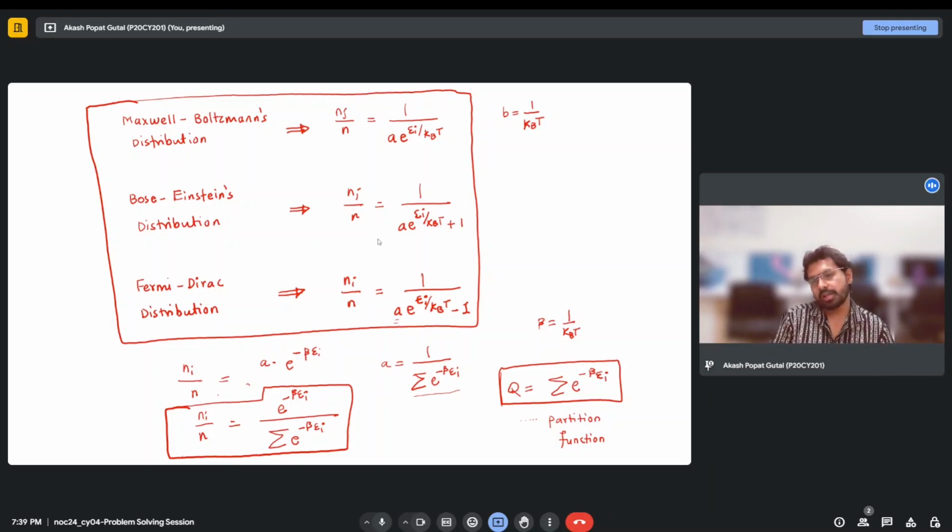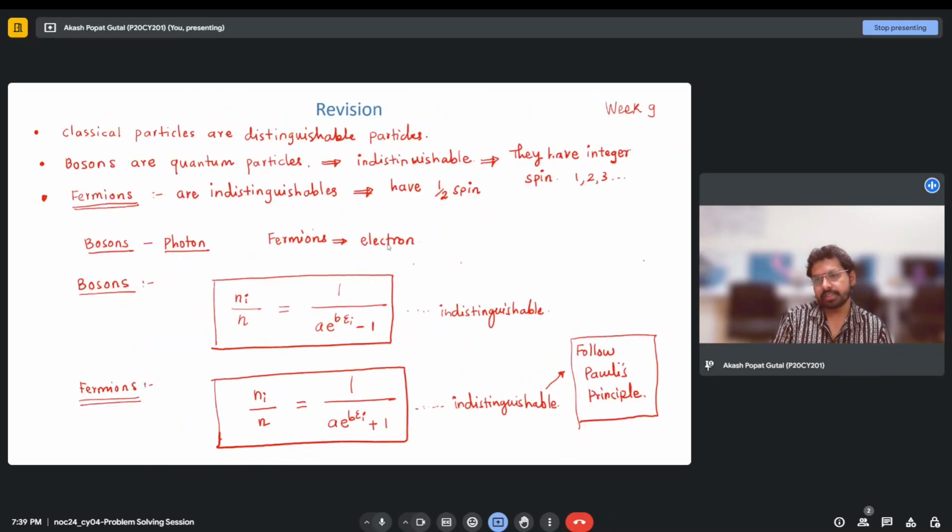Bosons, as we discussed earlier, are quantum particles which are indistinguishable and they have integer spins. Fermions are indistinguishable, but they have half spin.